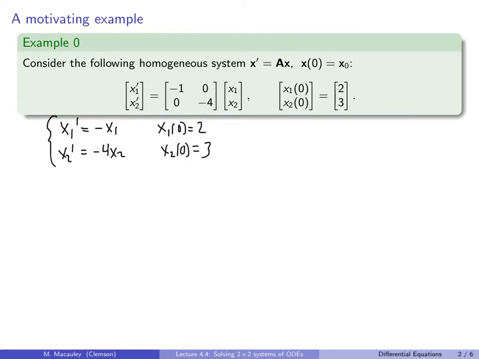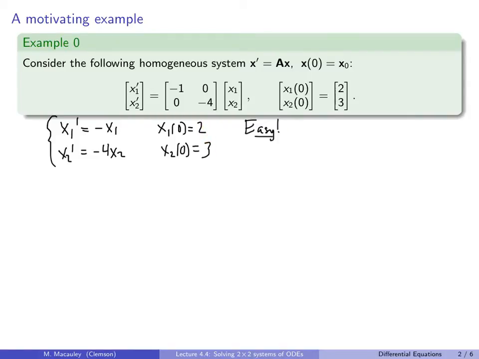And this is easy. Both of these ODEs are exponential with rate k, so the solution is c e to the kt, and this is the value of c.